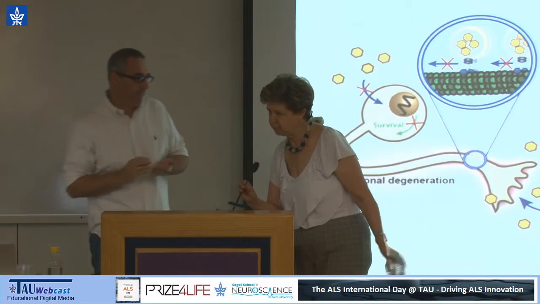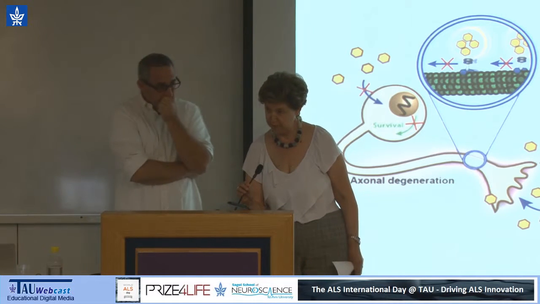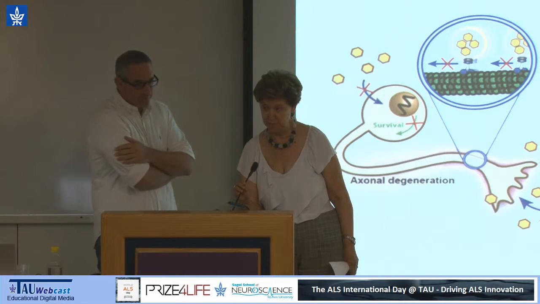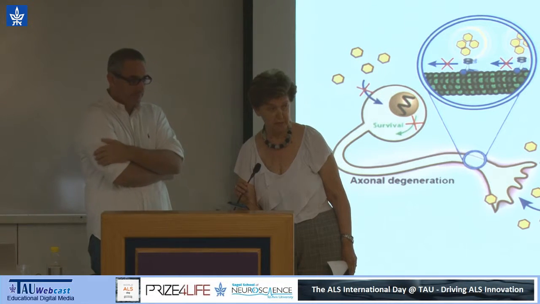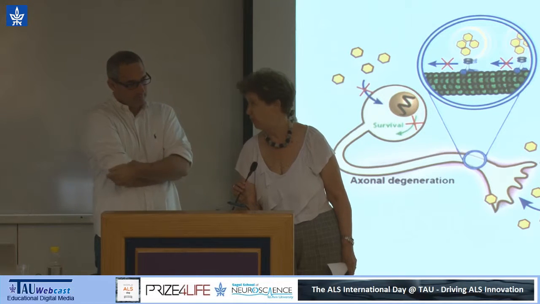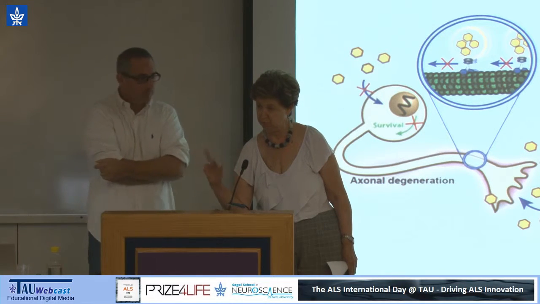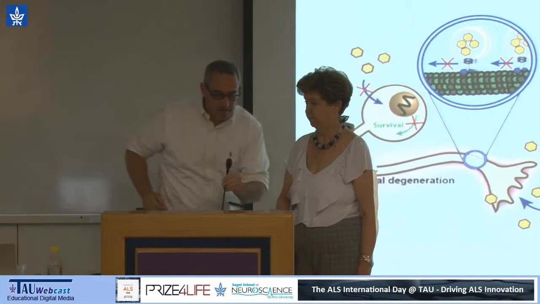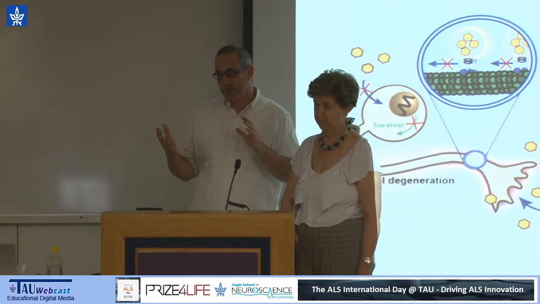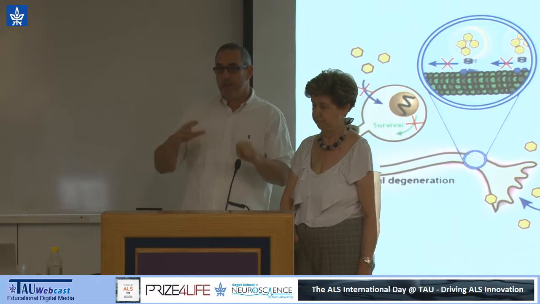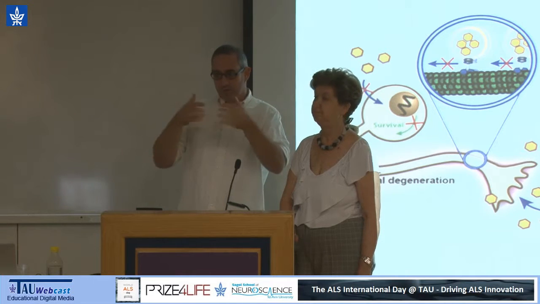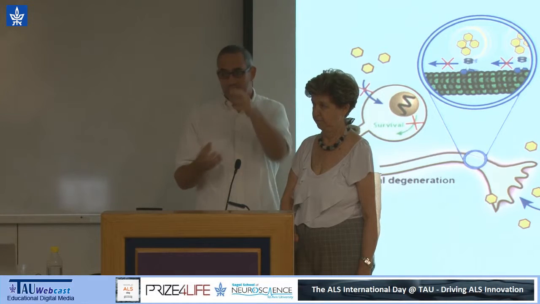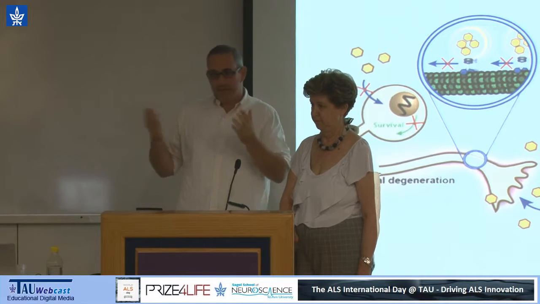But I think we need to take also the first talk that Vivian showed us, all the genes that are mutated, and see whether some of them are more neuronal specific, because the failure of the cytoskeleton that is coming up could be more neuronal, I think. So it's probably a crosstalk. I think there is a lot of evidence suggesting that it's alteration in the neurons and in the environment. So both of them together can lead to disease, whether it's muscle and neuron, muscle with astrocyte, and so on.